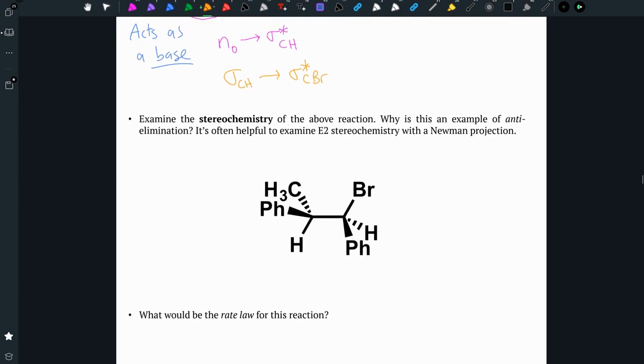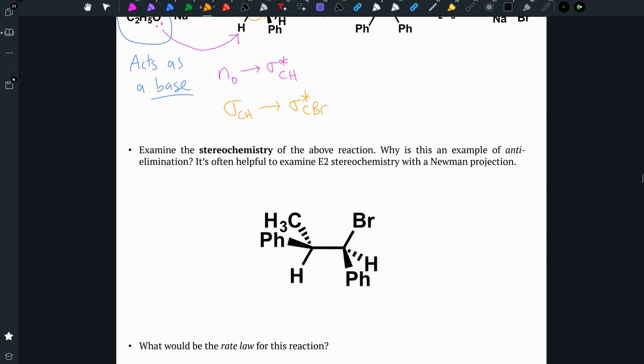All right, thinking about stereochemistry, if I want to consider this sigma CH orbital, in order for this reaction to work, that sigma CH orbital is going to have to be overlapping with sigma star CBr. So sigma CH is here.